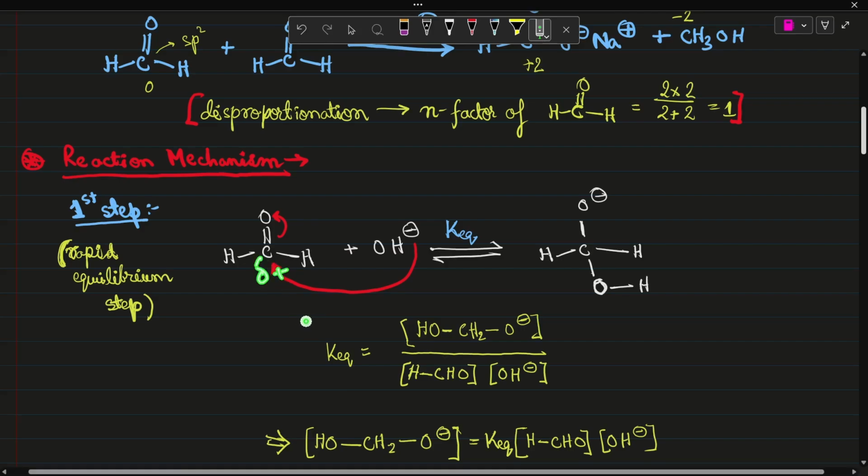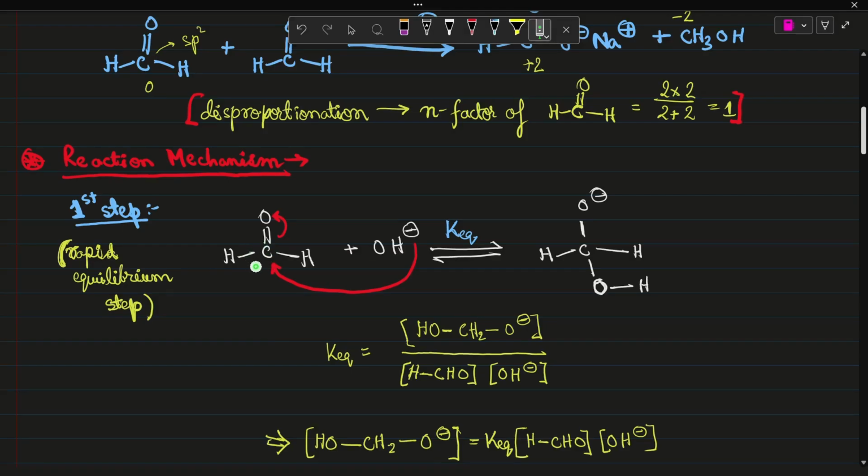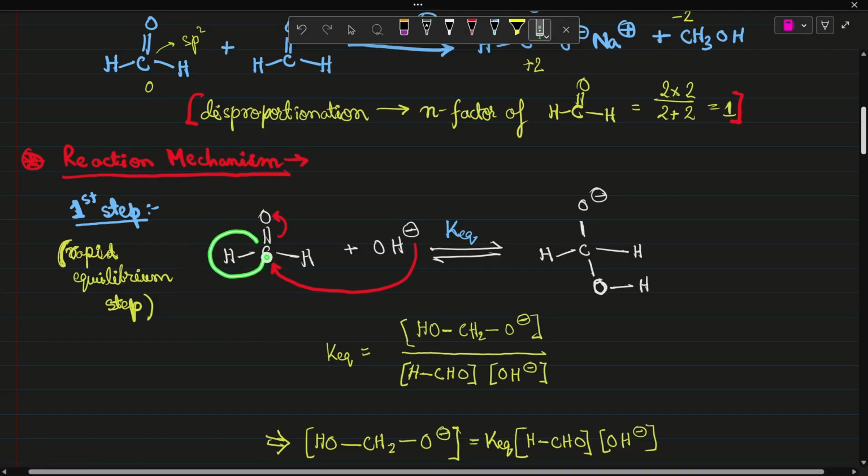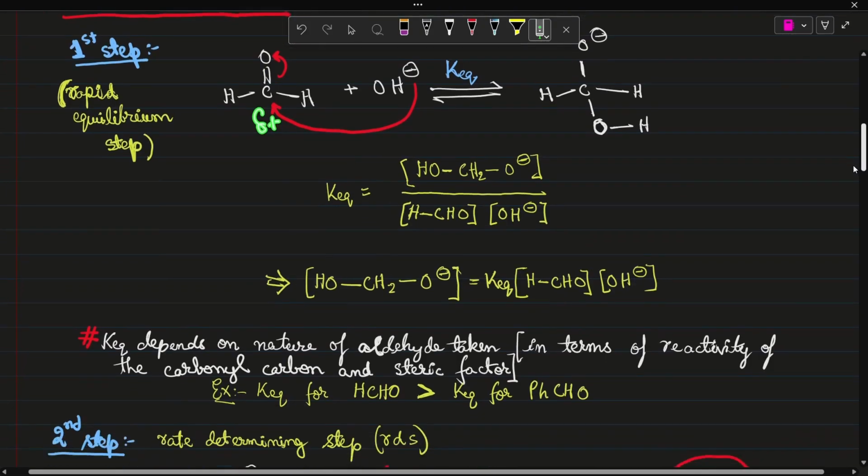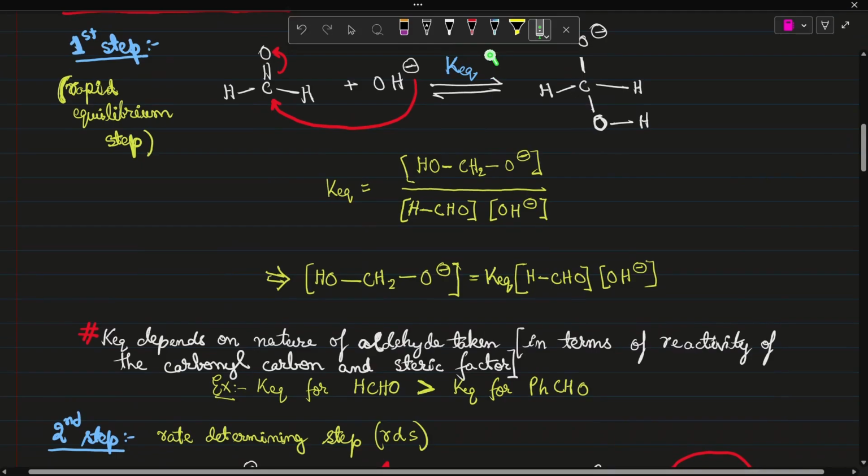This center will be more reactive if the electrons from this sigma CH bond or sigma CR bond are more pulled towards this side. So the carbonyl center will become more delta positive, and this will increase its reactivity, and thus the rate of the reaction or K equilibrium will also increase, right?